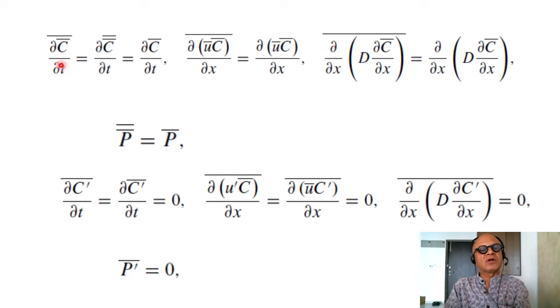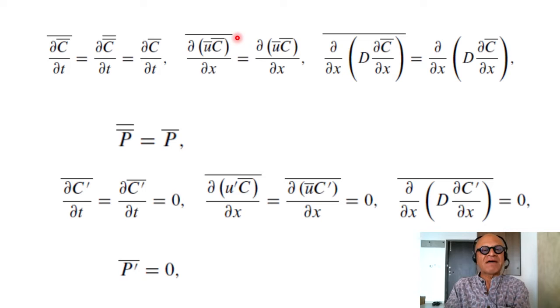dc bar dt average is basically d dt of c bar, which is obvious, and average of this will just give you d u bar c bar dx. Average of this will give you d dx of dc bar dx, of course, because c bar are already averaged over time.